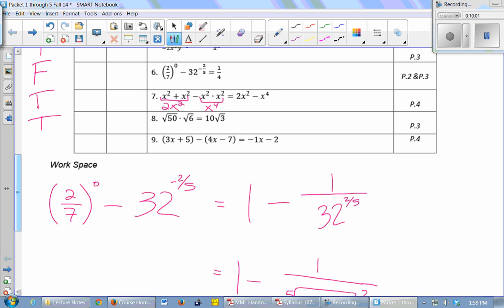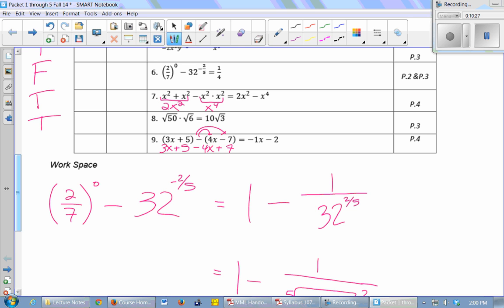Okay, 3x plus 5 minus the quantity 4x minus 7 equals negative 1x minus 2. We've got false, false, false, false, true, false. Okay, so we have to distribute that negative before we can combine like terms. So this is 3x plus 5 minus 4x plus 7, right?